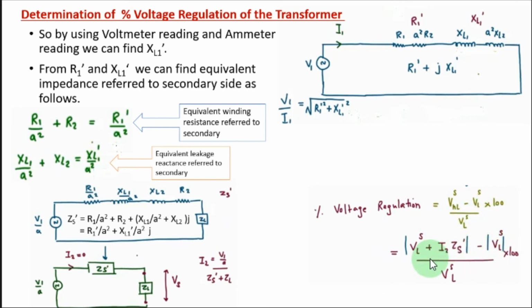The no load voltage at the secondary is actually this. I2 ZS dash is the voltage drop here, and V LS is the open circuit voltage here.